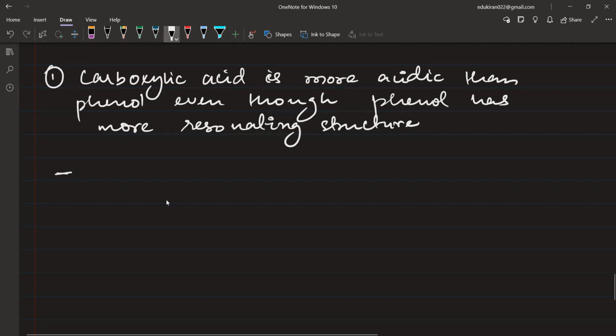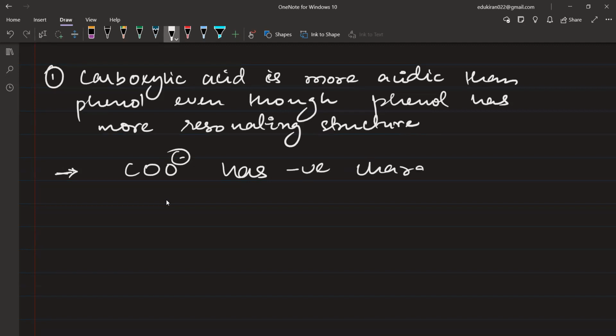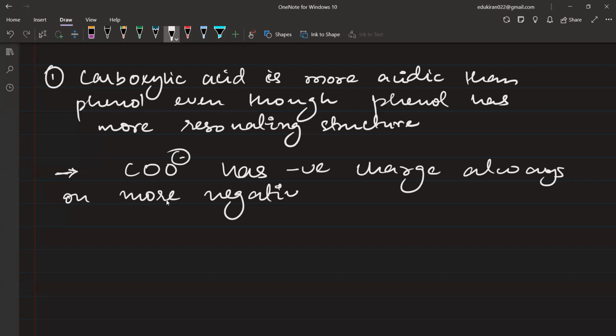The reason is COO negative, जो carboxylate ion है, has negative charge always on more negative oxygen atom. ना उसके बाद लिखिएगा equivalent resonance.